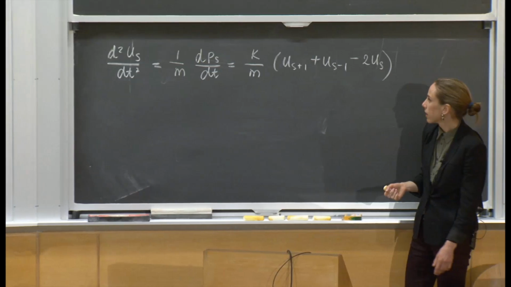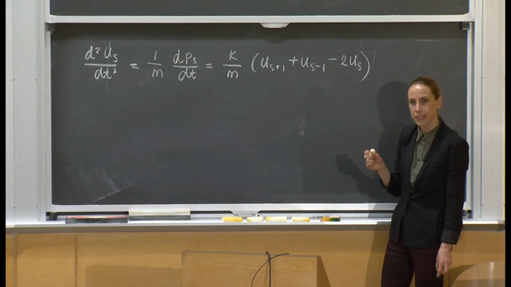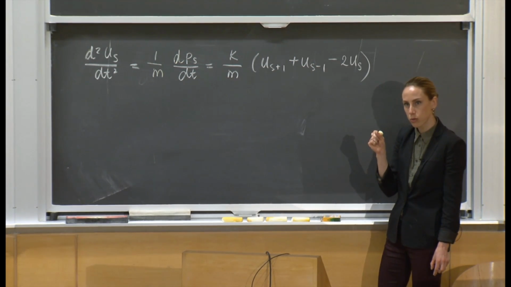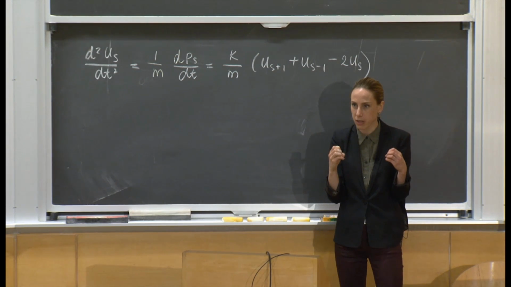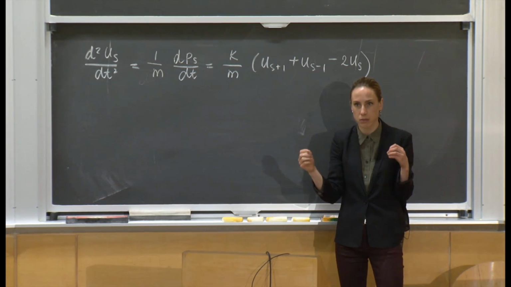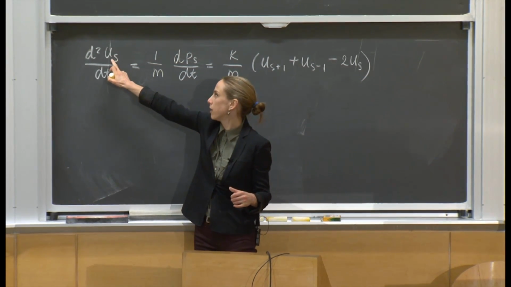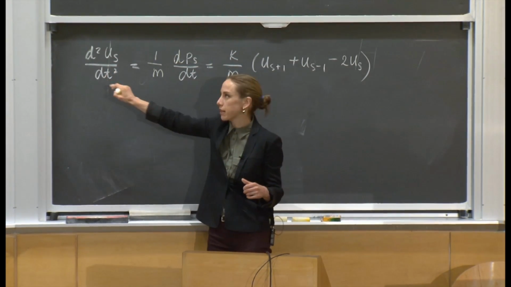So this is curious. We ended up with an equation that looked very similar to our system, let's say, of 2 balls on a spring, or 1 ball connected by a spring to a wall. It looks oscillatory, so we have a second derivative of our displacement here.